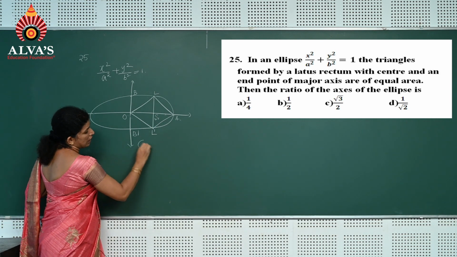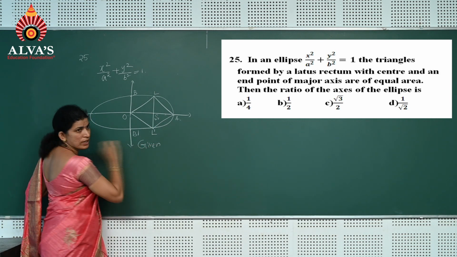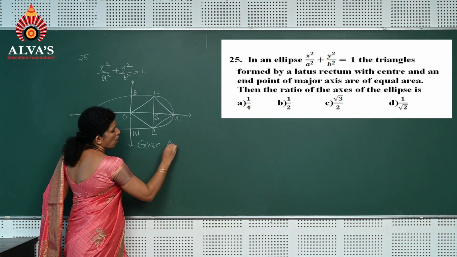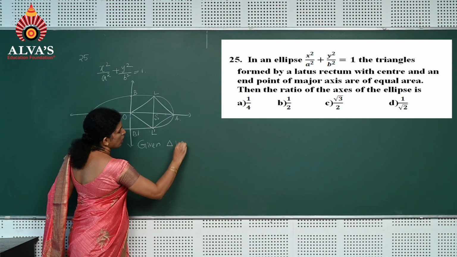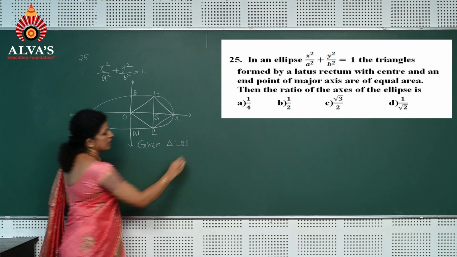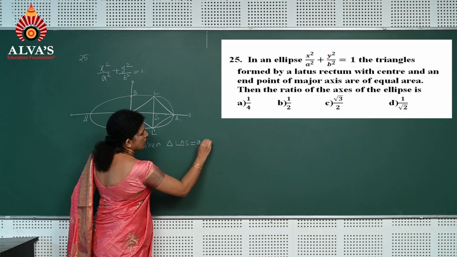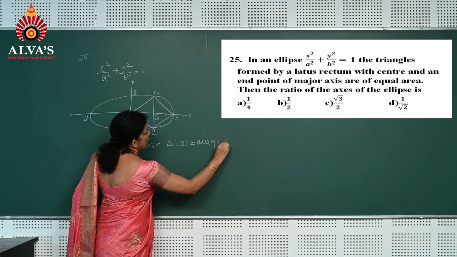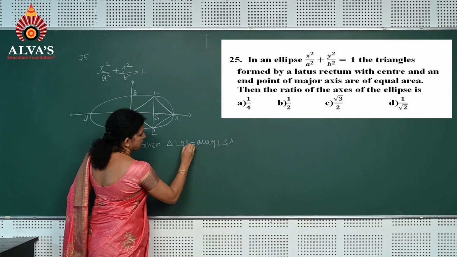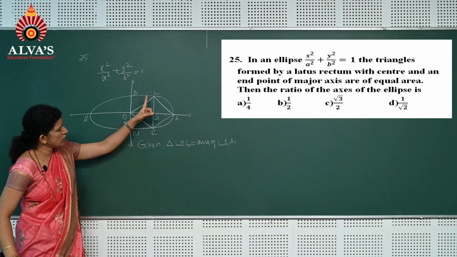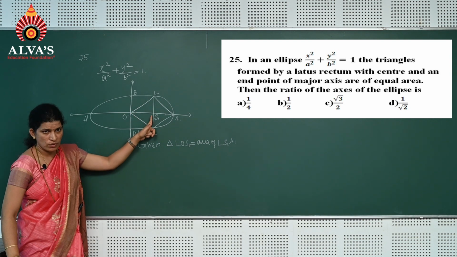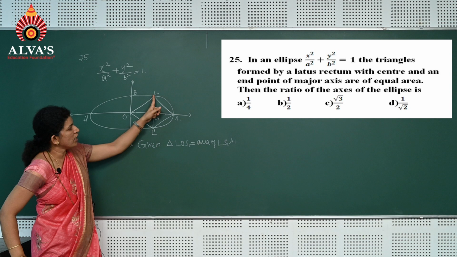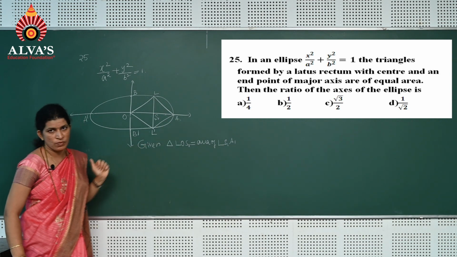Here in the question, it is given that the area of triangle LOS1 is the same as the area of triangle LS1A.